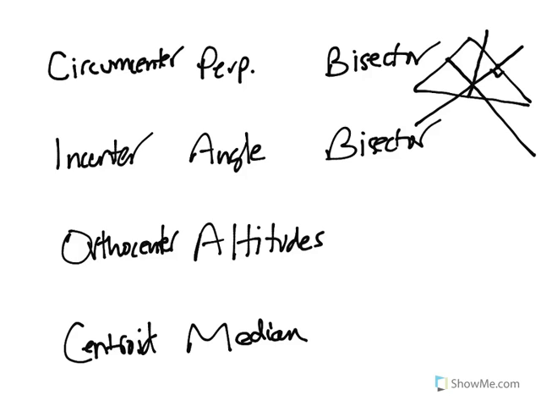The special segments are, if you go to this circumcenter, remember, circumcenter is a point. The lines are the perpendicular bisectors. And the special segments are, if we go like this to the circumcenter from each of the vertices, that length is the same.